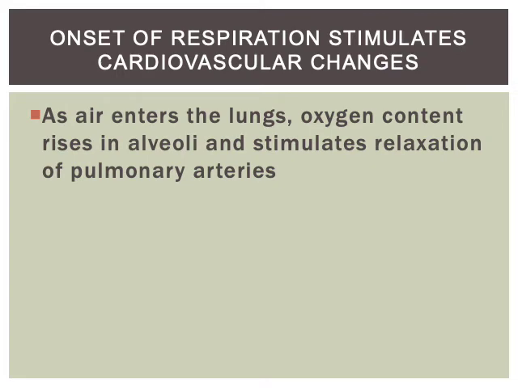The cardiovascular adaptation. The onset of respiration stimulates cardiovascular changes that are necessary for successful transition to extrauterine life. Marked cardiovascular system changes occur at birth. So as air enters the lungs, PO2 rises in the alveoli, relaxing the pulmonary arteries and triggering a decrease in pulmonary vascular resistance.